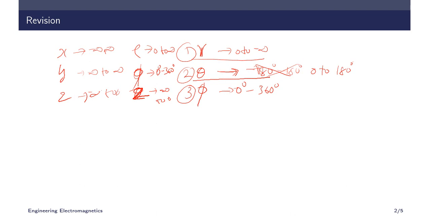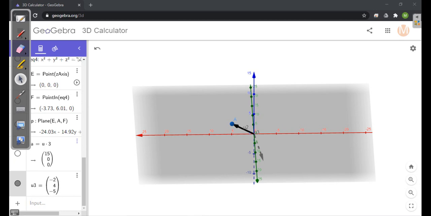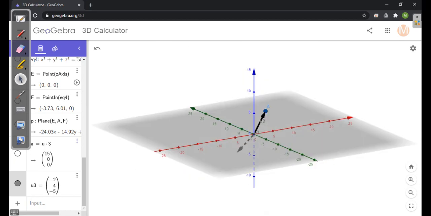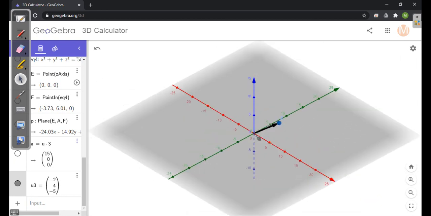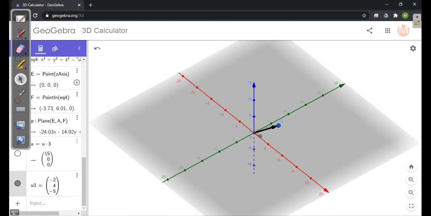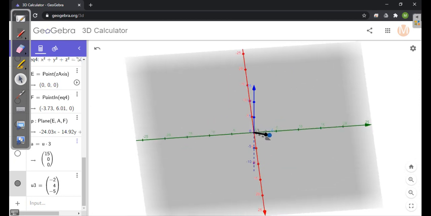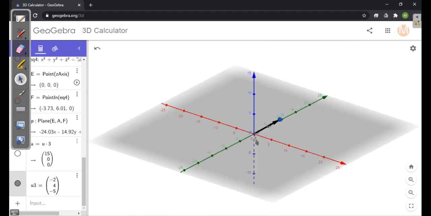The reason for that is, for example, see the point A here. To get this point, first I have to set an angle with respect to the x-axis, and then move in that direction, and the angle between this one is the theta angle.